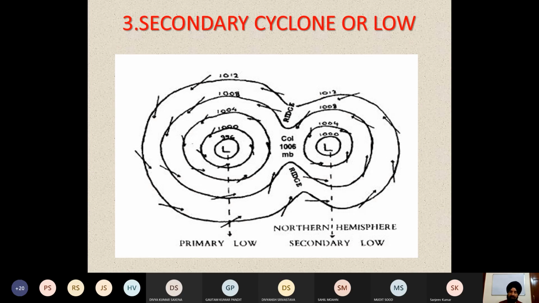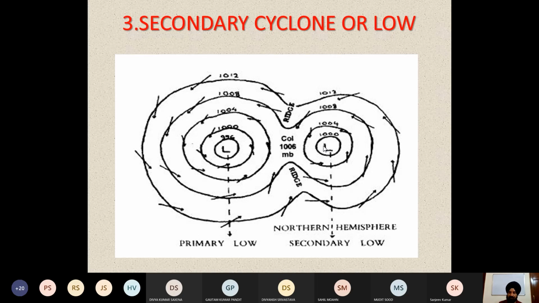Again, around the low, winds in anti-clockwise direction. Isobars situated at an interval of 4 millibar, and also there is another secondary low developing. So sometimes the primary low, which has well developed, starts dissipating, and this secondary low, which is following it, takes precedence and becomes stronger.